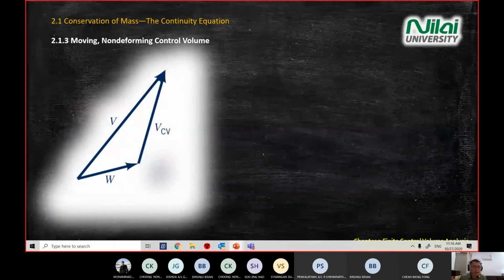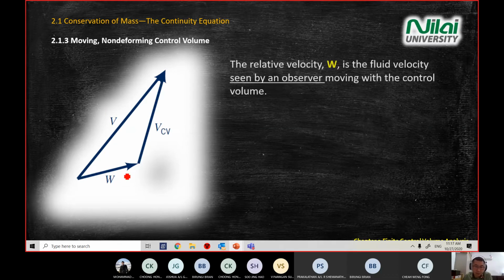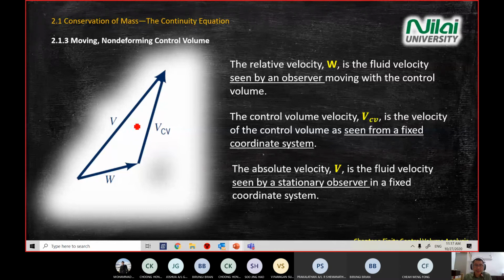We will look at vector form. When you deal with velocity, we know that velocity is a vector with magnitude. So somewhere in the space there, you have 3 components you need to focus on. I'll explain V first. V is the normal velocity that you see in daily life or in a normal question.